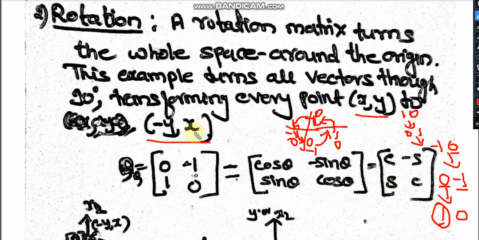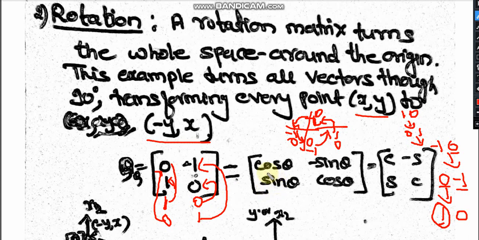That is, 1, 0 is converted to, you can see, the value of y has been assigned to x. And the original 0, 1 was, you can see, x has been assigned to y and y has been assigned to minus x. So that is the transformation from the identity.